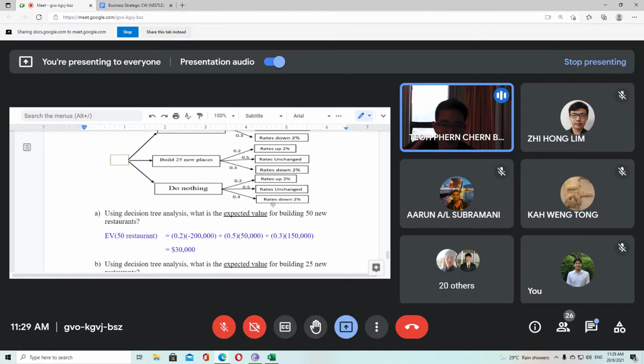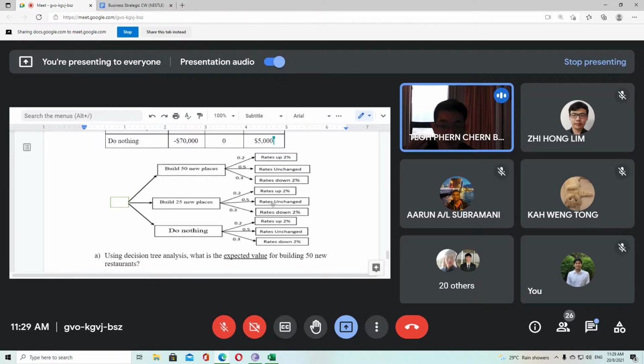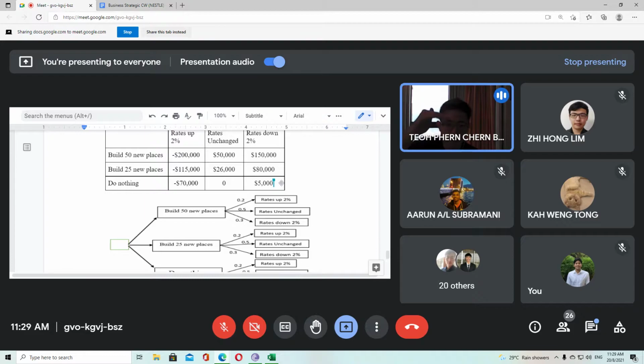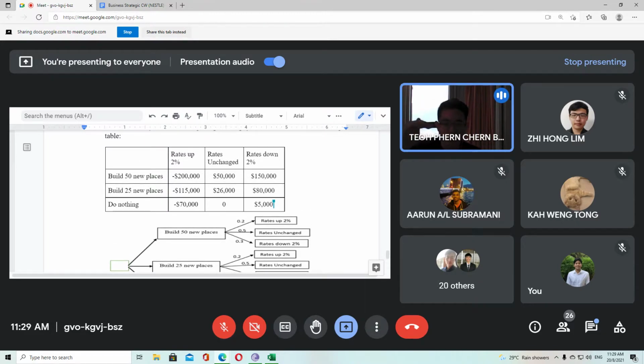Now, if you are going to draw this in the exam, if it comes out, you can write the equation in the table. You see, you got the first row, build 50 new places, 0.2, 0.5, 0.3.